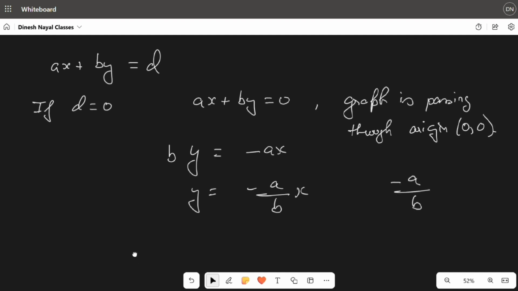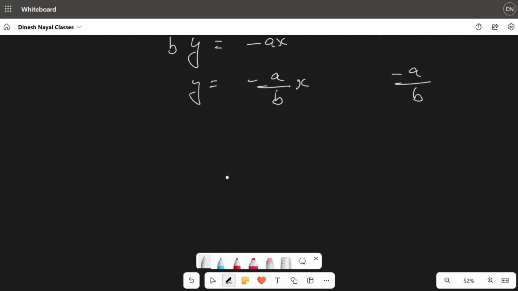Okay. Now suppose you have to draw the graph of, consider this question, 2x minus 4y equals 0. Now we know that the graph is passing through the origin. Now we can find the gradient of this. So minus 4y equals minus 2x. This minus and this minus becomes positive.